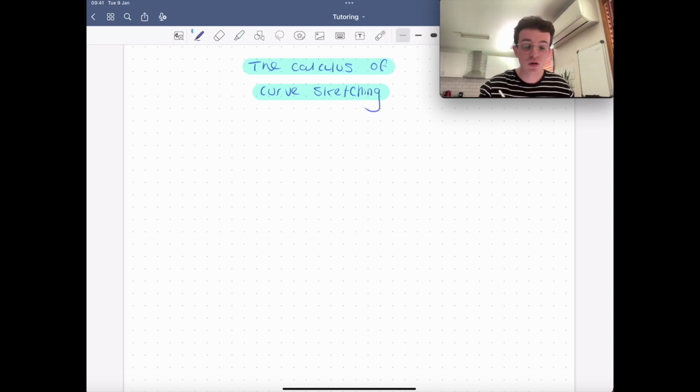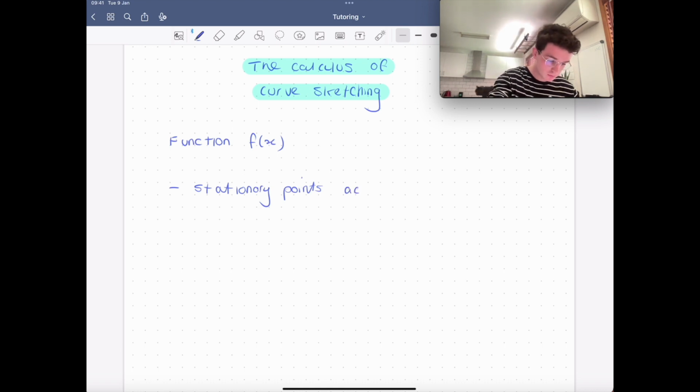So the calculus of curve sketching is one of the most important skills that you're going to learn in this course relating to calculus, and it has many, many applications. But the basics are something like this. If I have a function f(x), some sort of graph f(x) that exists on the Cartesian plane, then its stationary points, and we're going to talk about what on earth a stationary point is, occur when f'(x) equals 0.